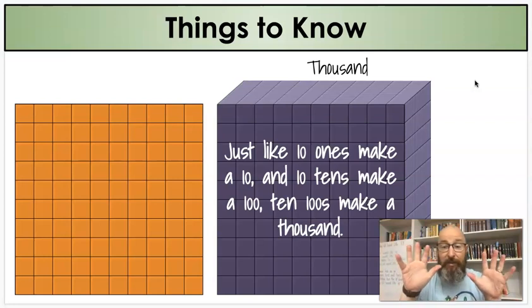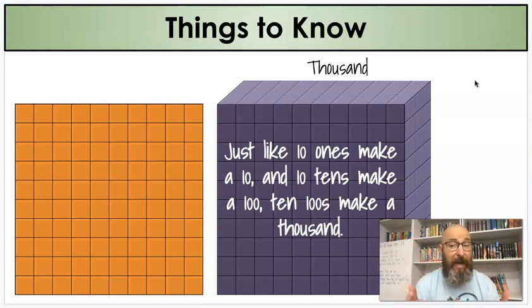Again, if you were to get your 10 fingers out and count by hundreds, you'd have 100, 200, 300, 400, 500, 600, 700, 800, 900, 1,000. So just like we can count by ones to 10, and we can count by tens to 100, we can count by 100s to 1,000. And this cube would be made up of 10 of these. That's how we got that.